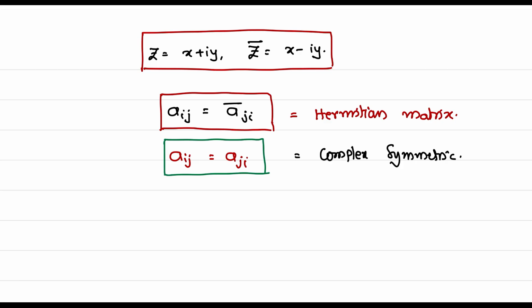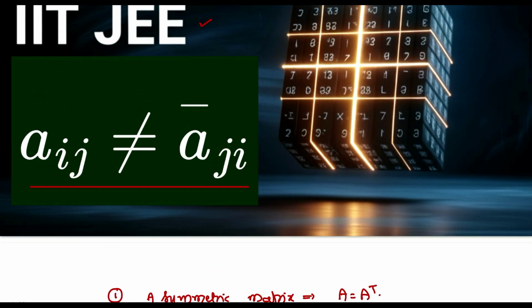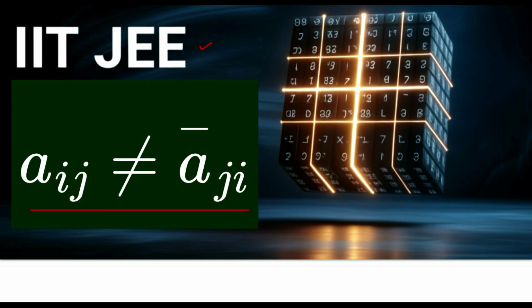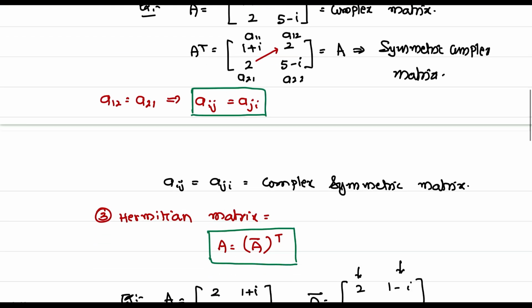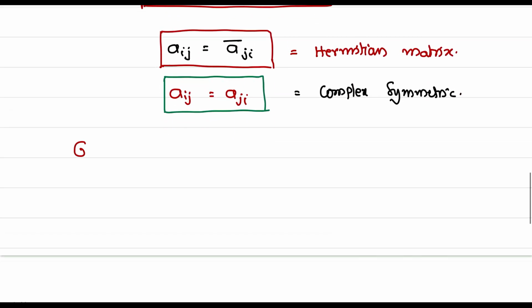Now, the question is, we have to verify to which type the given matrix belongs. Here Aij is not equal to conjugate of Aji. Given the question, we have to understand the properties of this.